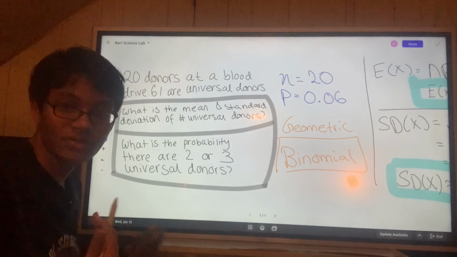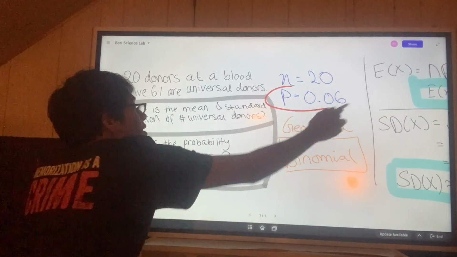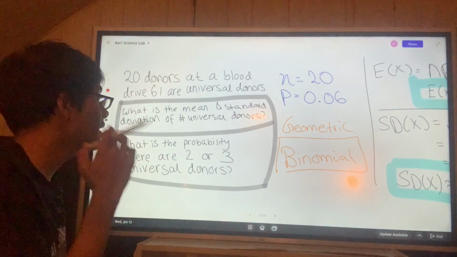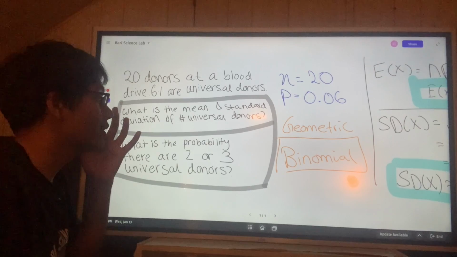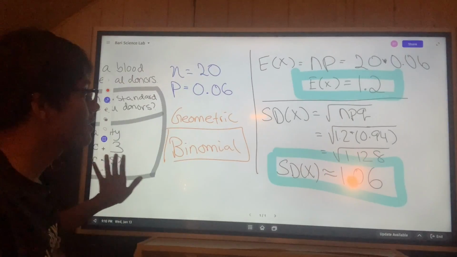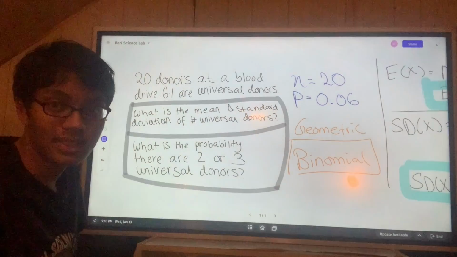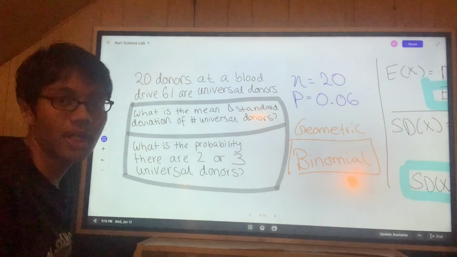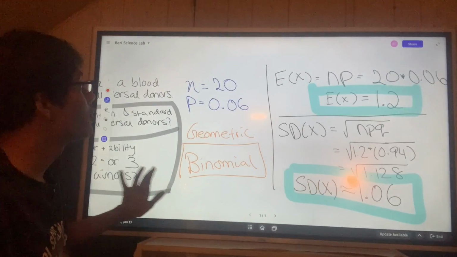And of course, there's only 2 possibilities. You can either succeed in finding a universal donor or fail. Okay, and so those are the possibilities. And so because of that, and because we're testing much less than 10% of our population, this meets the criteria for a binomial trial. And so thus we found what our expected value is.